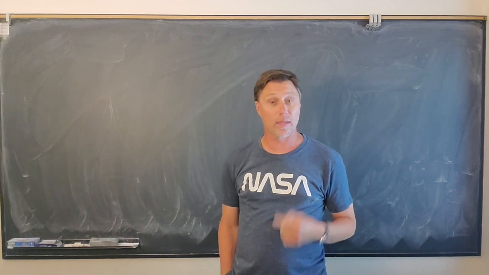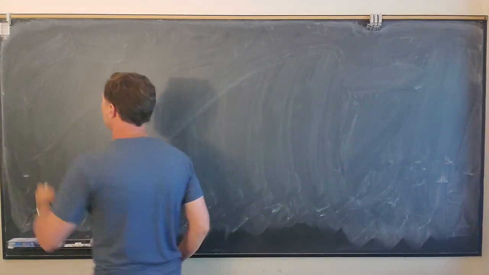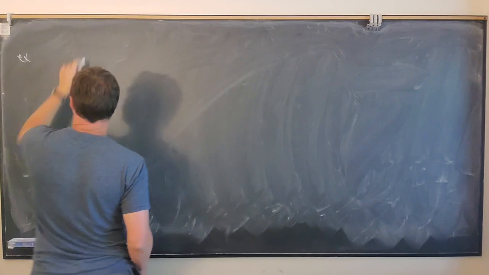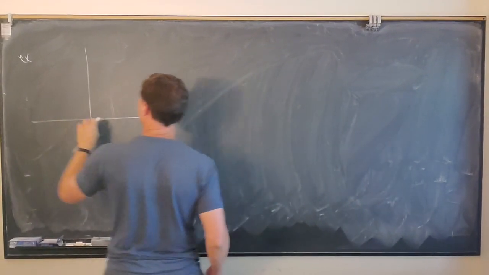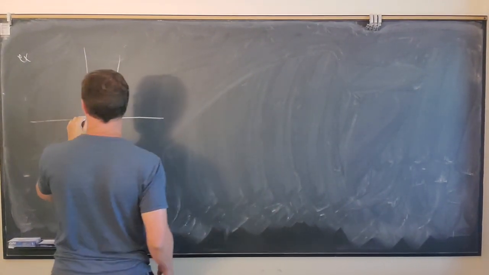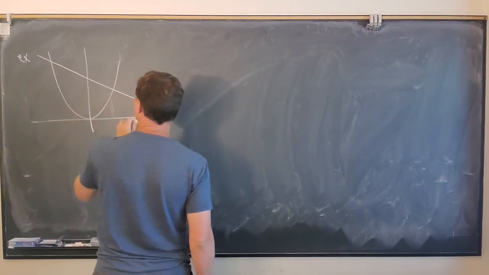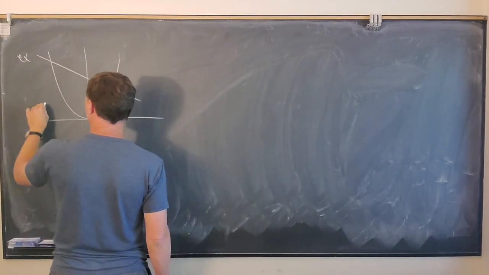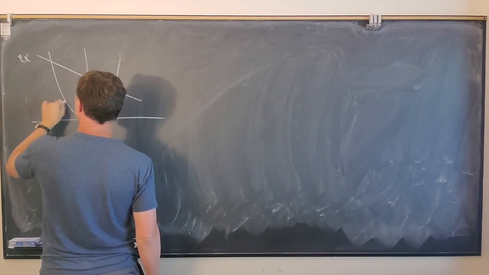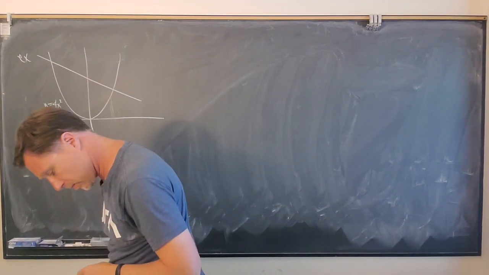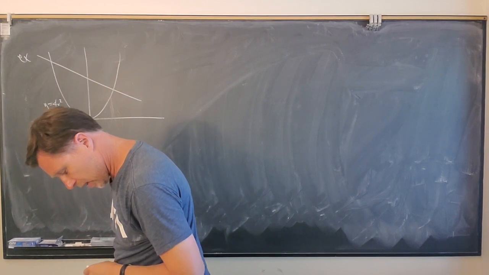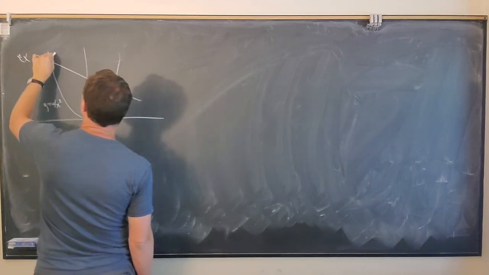Okay, so now let's take the following region. So here's our next example. This lower graph is y equals 4x squared. The upper graph is 2x plus y equals 6.